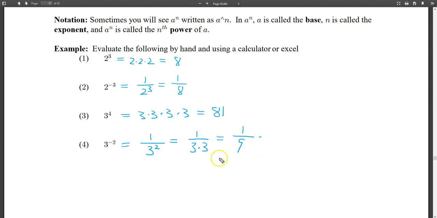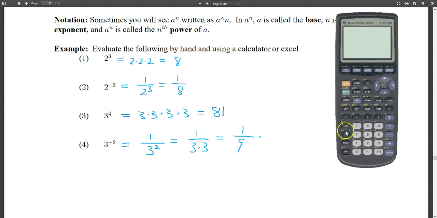There you go. Of course, you can evaluate all these on your calculator as well. When you're dealing with negative exponents, it's not a problem. Let's just evaluate, for example, 2 to the negative 3rd power. If we go 2 raised to the negative 3, that is 1/8. 1 divided by 8 is 0.125.